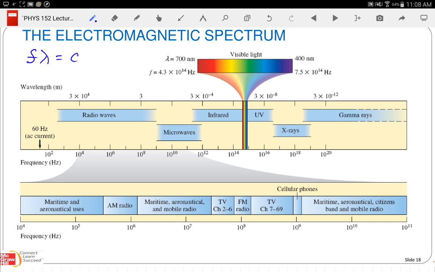Okay, so the 60 hertz, that's an electromagnetic wave. We usually don't think about it as an electromagnetic wave because it's a very low frequency compared to other frequencies of electromagnetic waves. We go higher and we get to radio waves. Radio waves have frequencies in the ballpark of 10,000 to, what, a million? Not a million. 10,000 to 100 million hertz.